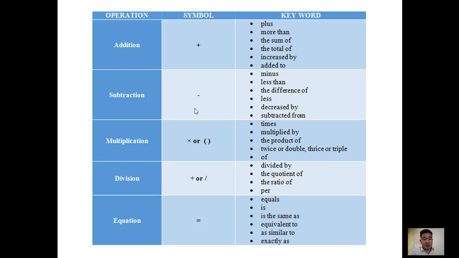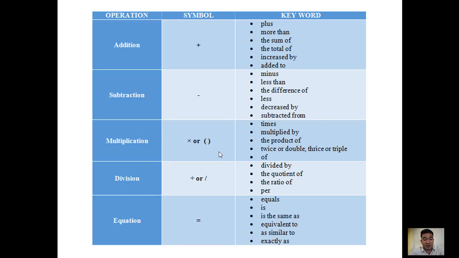Then for multiplication, in algebra, we use parentheses or a dot. But in basic mathematics, we still use the cross, the x. The keywords are times, multiplied by, the product of, twice or double, thrice or triple of. Those are the keywords for multiplication.